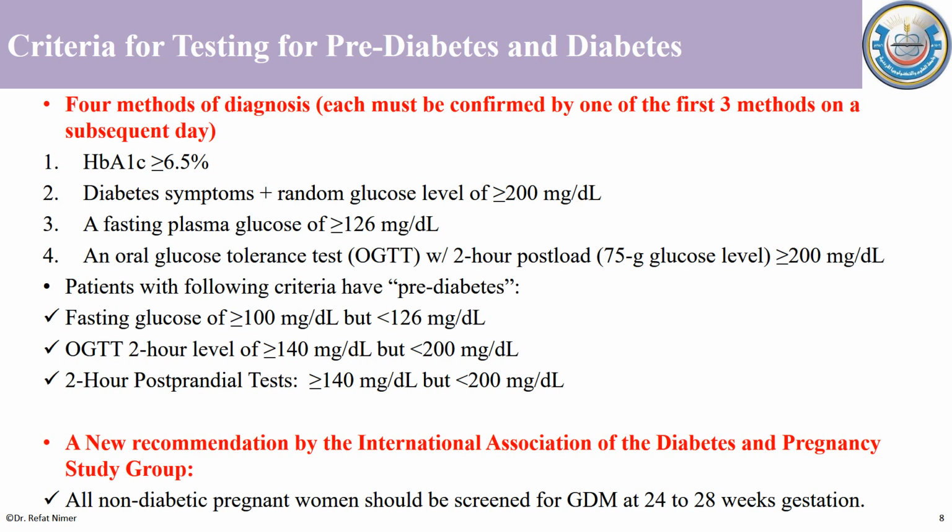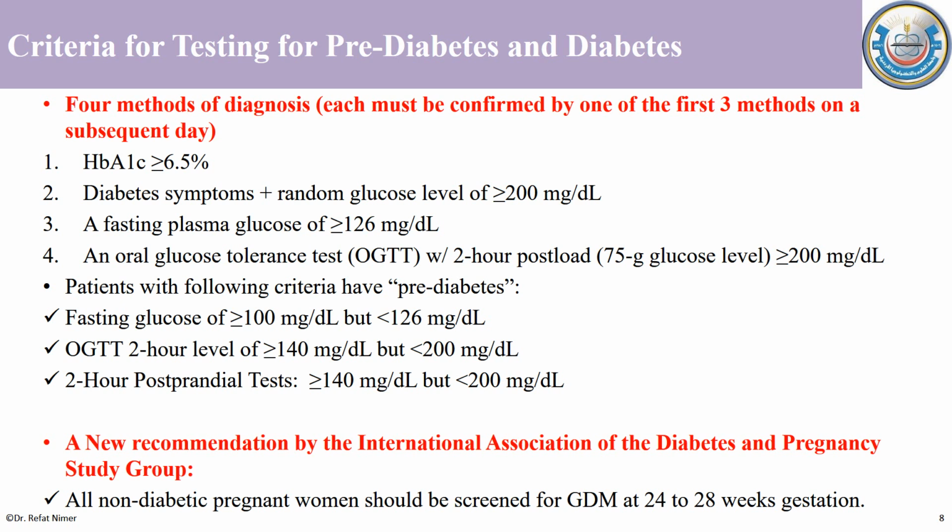A new recommendation by the International Association of the Diabetes and Pregnancy Study Group: all non-diabetic pregnant women should be screened for gestational diabetes mellitus at 24 to 28 weeks gestation. So it is very important for a pregnant woman.